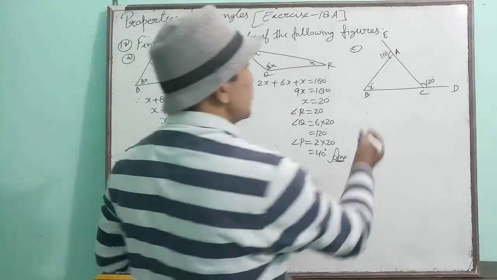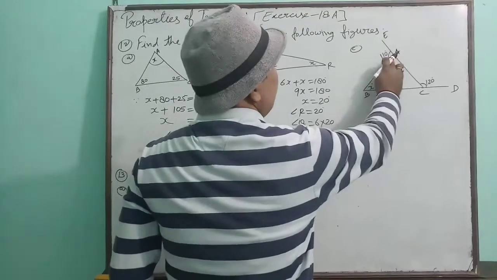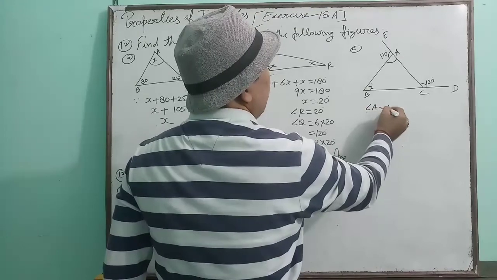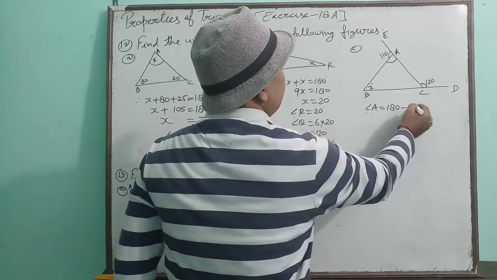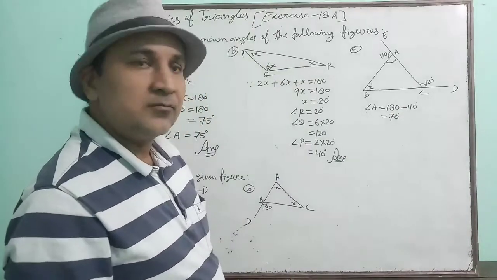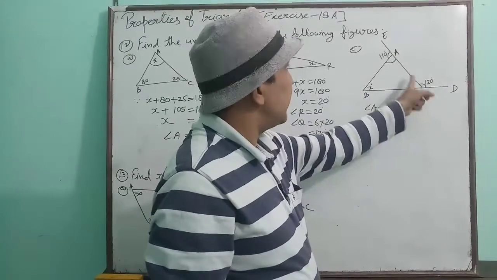Now see the question. In this question, children, first we have to find angle A. Angle A will be 180 minus 110, that means 70 degree. Understood how it is coming? Here EAC is a straight line.